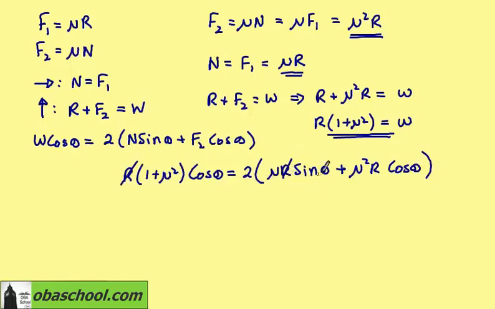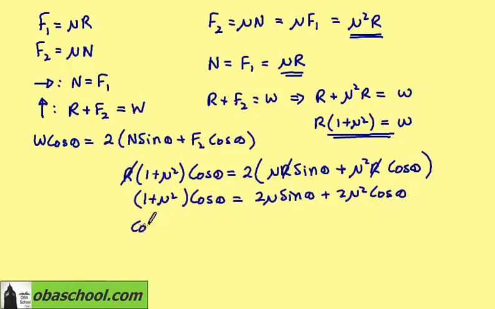R's cancel throughout, and so we have (1 plus mu squared) cos theta is equal to 2 mu sine theta plus 2 mu squared cos theta.